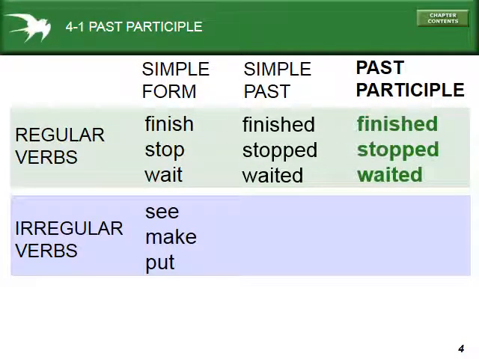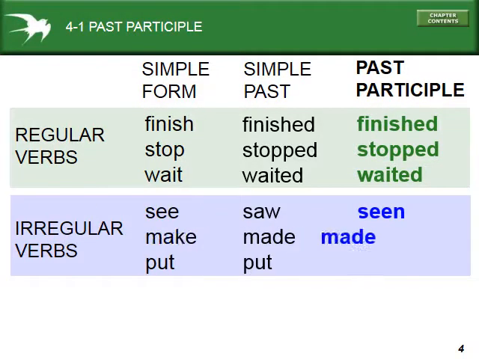So with regular verbs, the simple past and the past participle are both the same, and it can be confusing sometimes. Irregular verbs are different. And there's more than three, but there's three general groups of irregular verbs. So we have here with see, the simple past is saw, and then we have seen is the past participle.